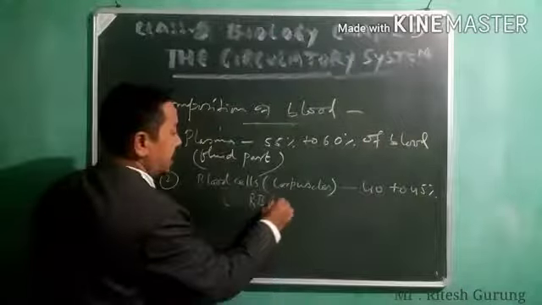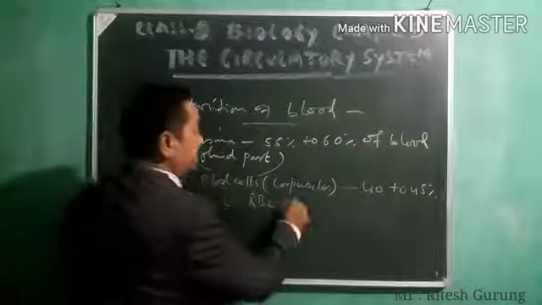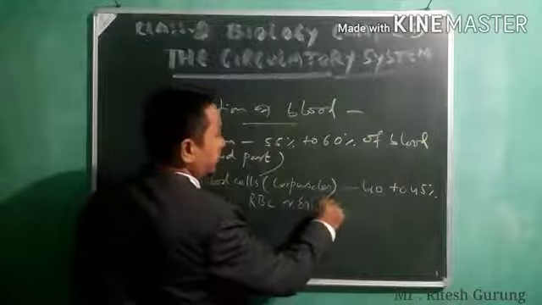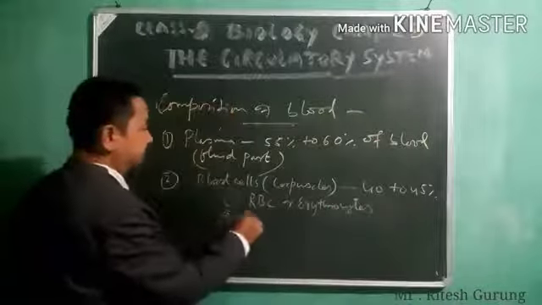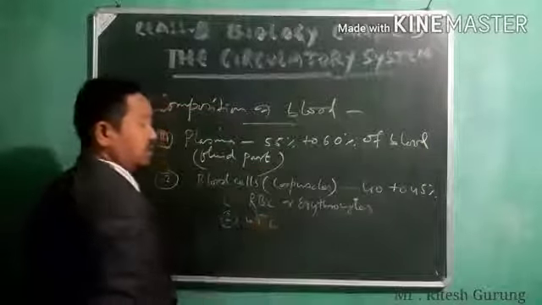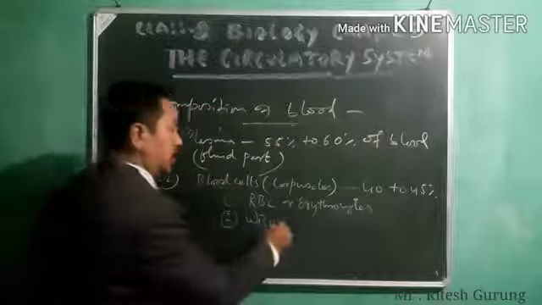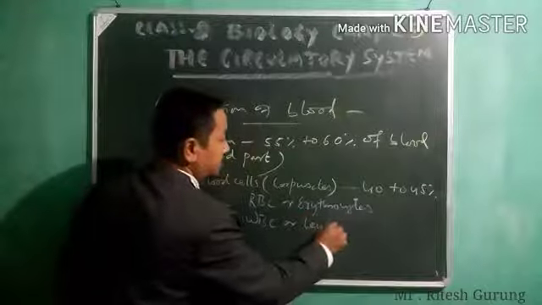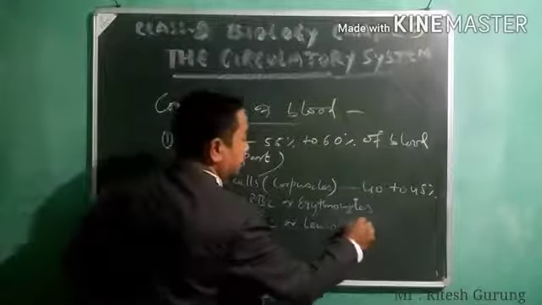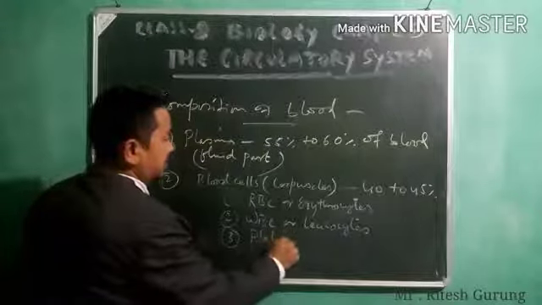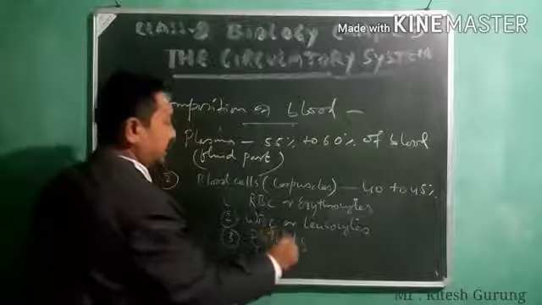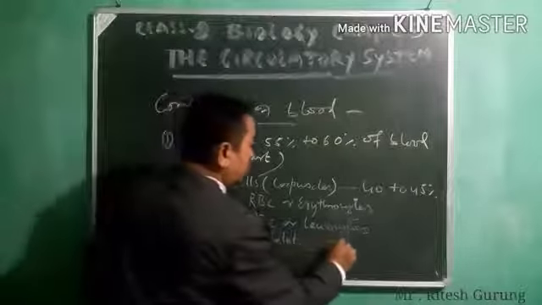They are RBC, which is also called erythrocytes. Then WBC, which is also called leukocytes. Then the third one is platelets, which are also called thrombocytes.